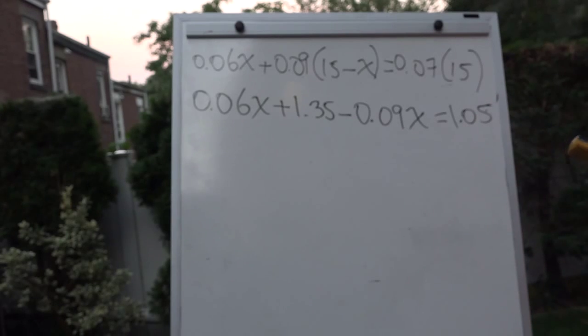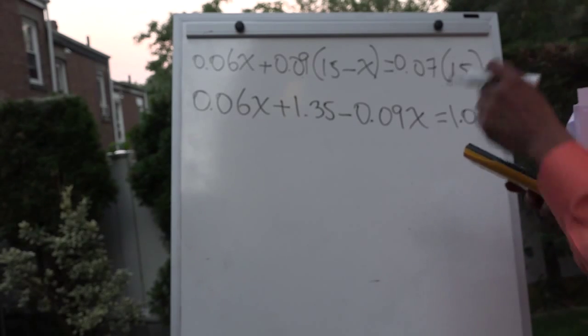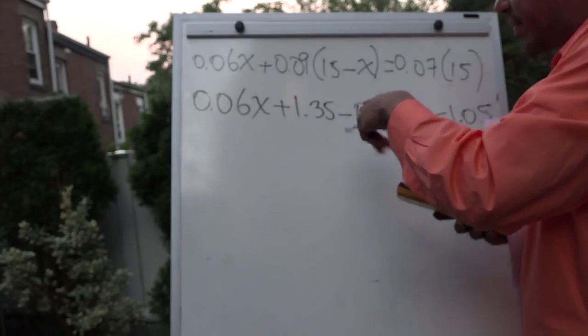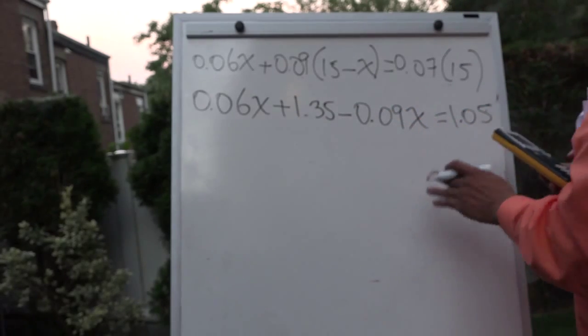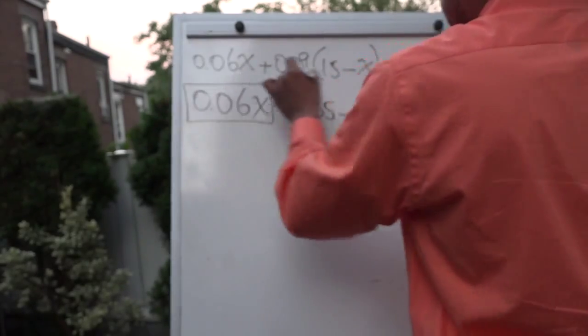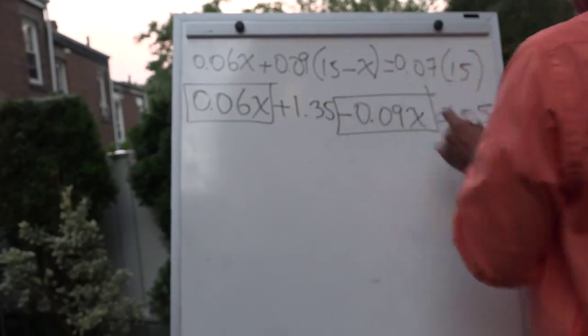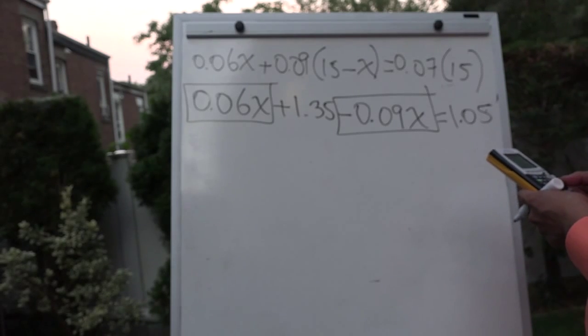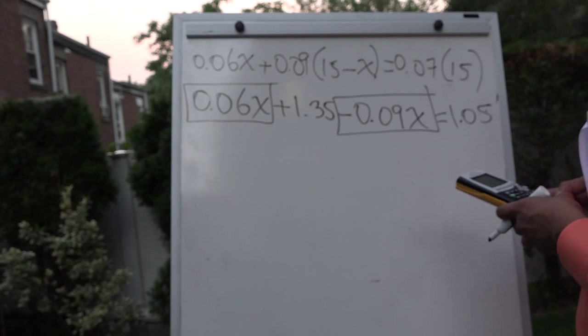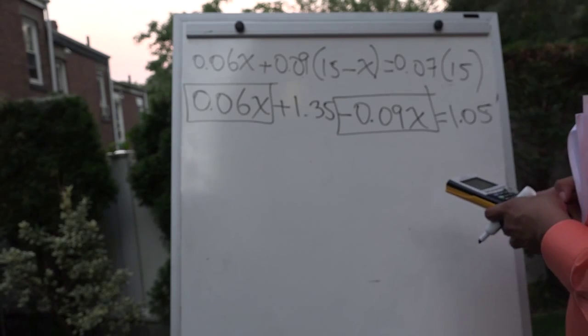Okay, cool. Now, do I have fractions? I can turn this into fractions. I don't have a problem with that, but why would I want to do that? So no, I don't have fractions. Like terms. I got this and I got this. So on the calculator, we just do 0.06 minus 0.09.